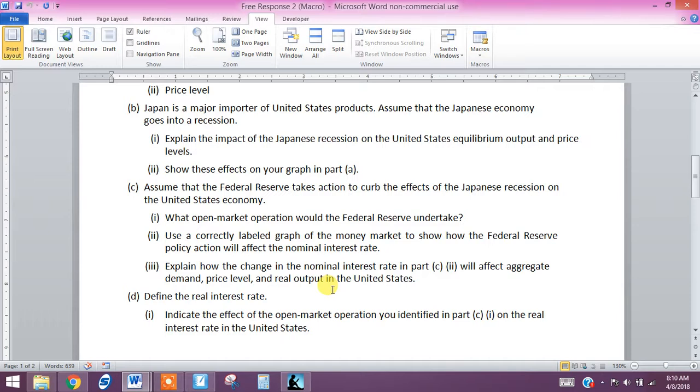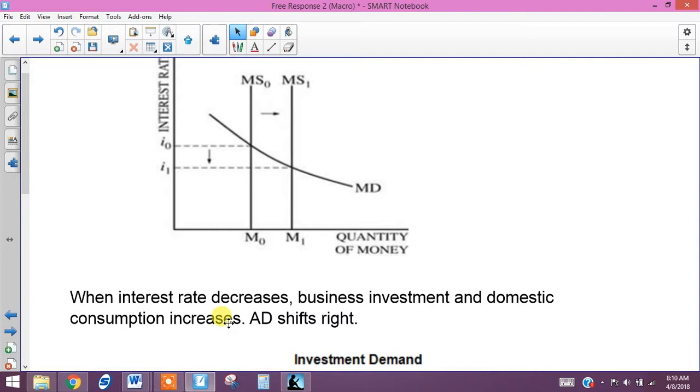You just need to explain that when we have a falling interest rate, businesses are more likely to invest and consumers more likely to consume.